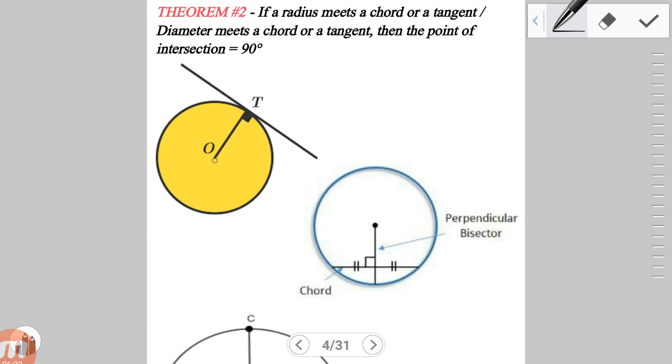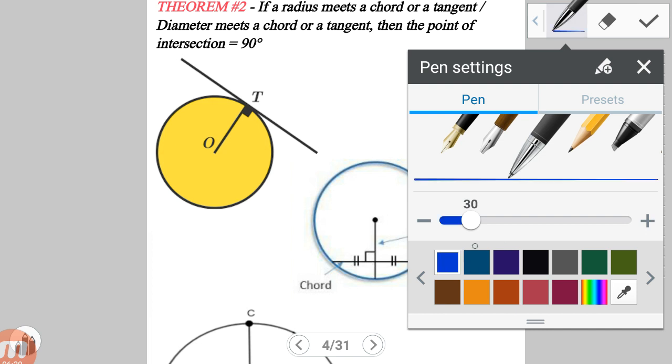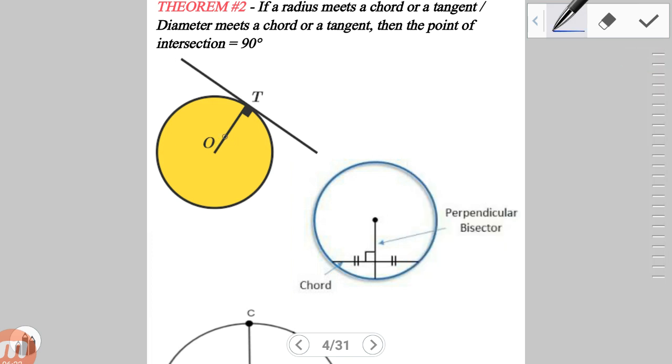All right, so here we have a radius. I'm going to label that radius as R. And so R meets the tangent. Let's call this tangent T, as I have it labeled here. So if the radius meets the tangent, then if you were to connect those 2 lines here, you'd form what is known as a right-angled triangle.